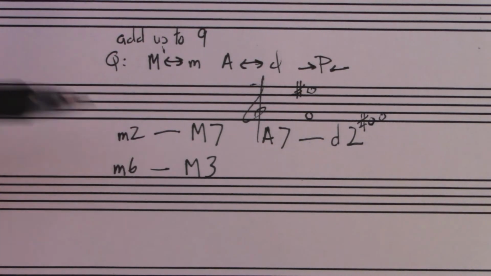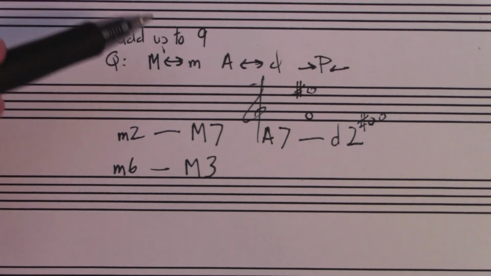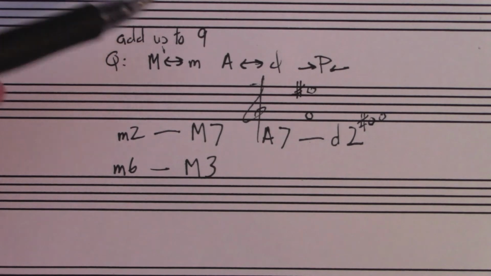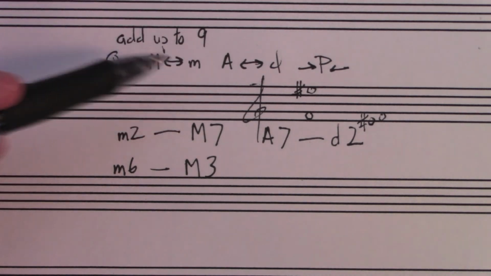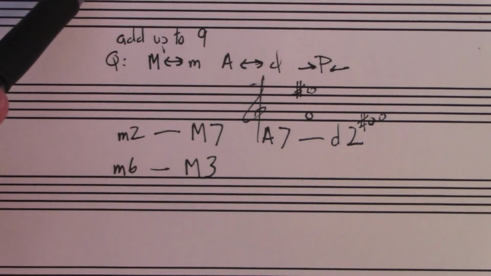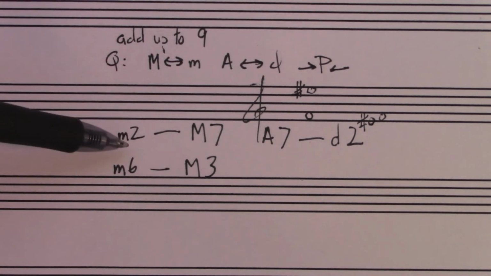So you say, what's the big deal? Well, remember those white key intervals, the seconds, the thirds, the fourths, fifths, sixths, and sevenths, and you were trying to remember which ones were what quality? Well, now, really, you only have to remember half of them.